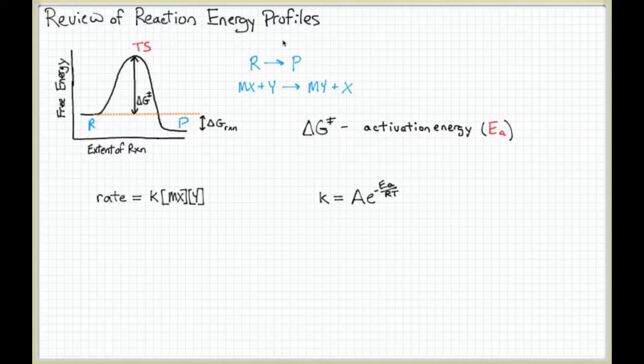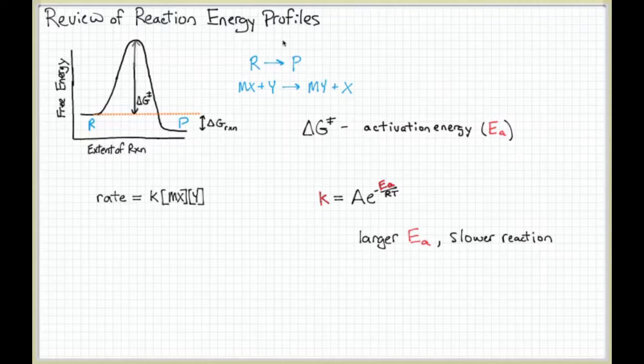So the smaller k is, the slower the rate will be for any particular reaction. And this means that as the activation energy increases, so if we draw the reaction energy increased, like so, right? So larger activation energy will result in a slower reaction.